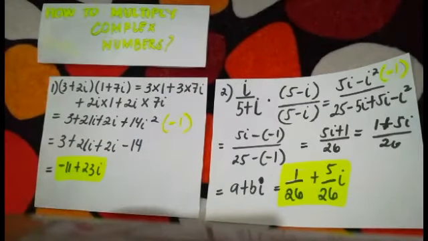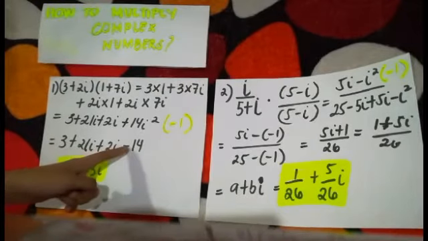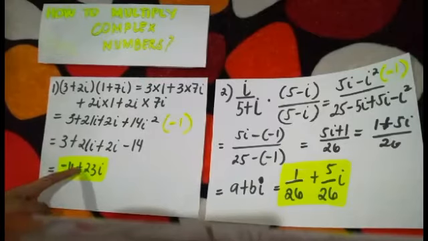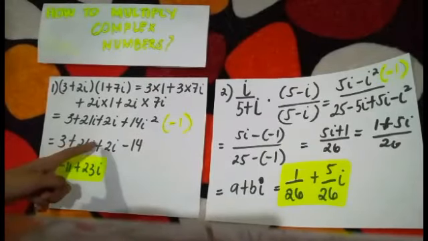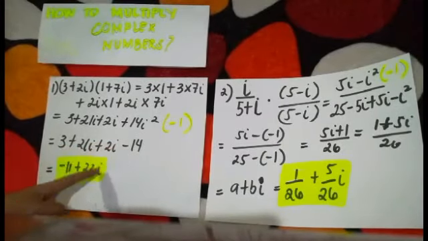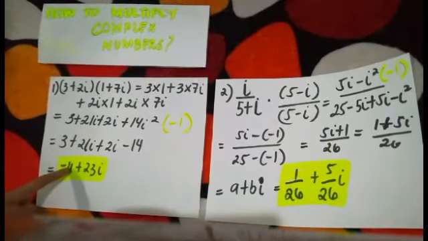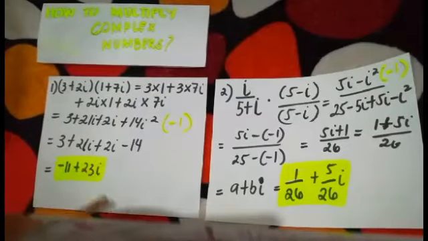So we add the real numbers and the imaginary numbers. We add first the real numbers. 3 plus negative 14 is negative 11, plus 21i plus 2i is equal to 23i. So the answer is negative 11 plus 23i.